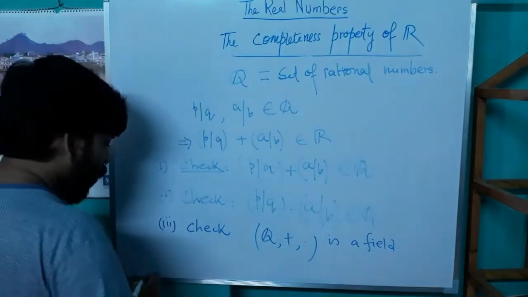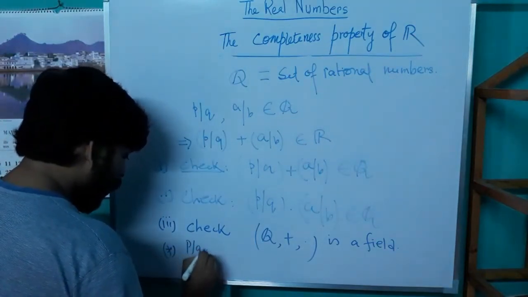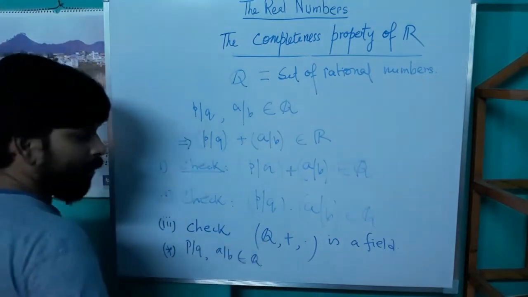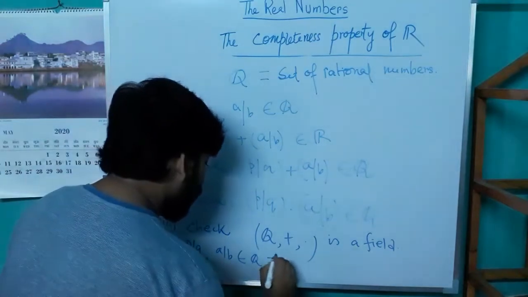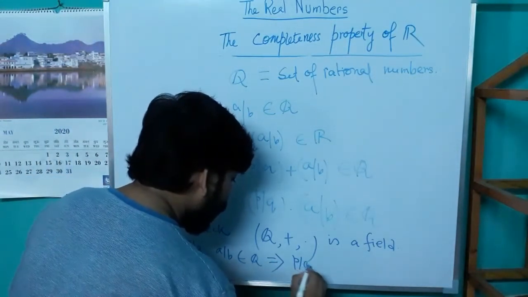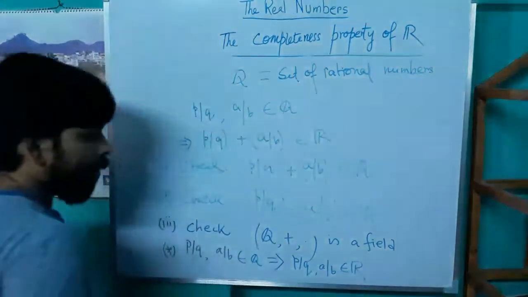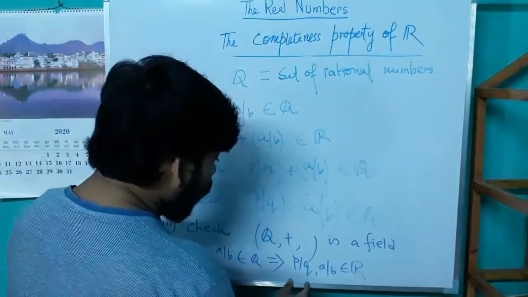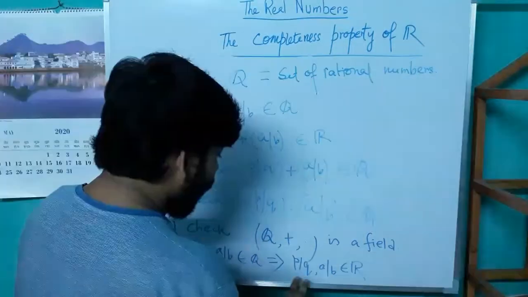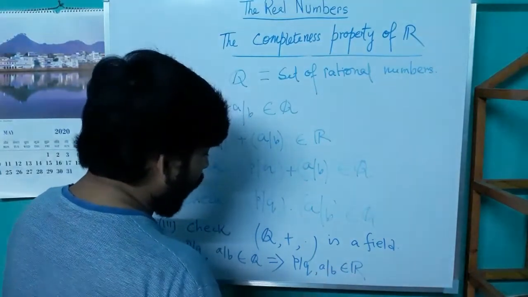Another observation: if P by Q and A by B are positive rational numbers, then by the order axiom their sum and their multiplication give two positive rational numbers.